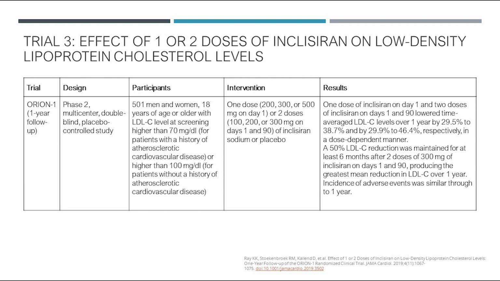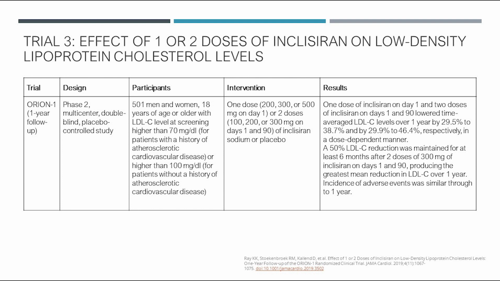In terms of results for our Orion 1 one-year follow-up study, it was noted that 1 dose of Inclisiran on day 1 and 2 doses of Inclisiran on days 1 and 90 lowered time average LDL levels over 1 year by 29.5% to 38.7% and by 29.9% to 46.4% respectively in a dose-dependent manner.